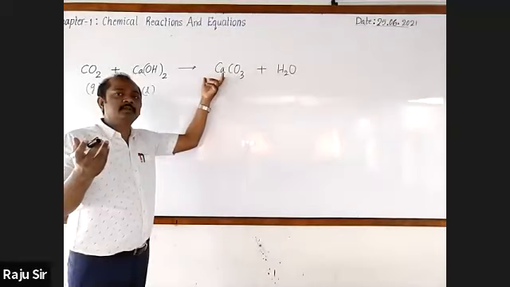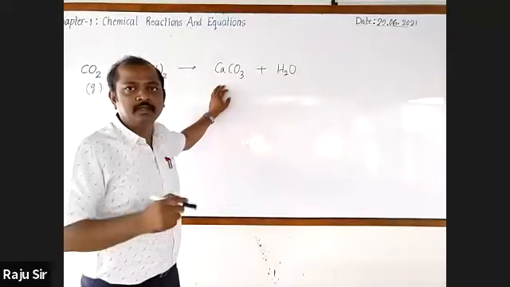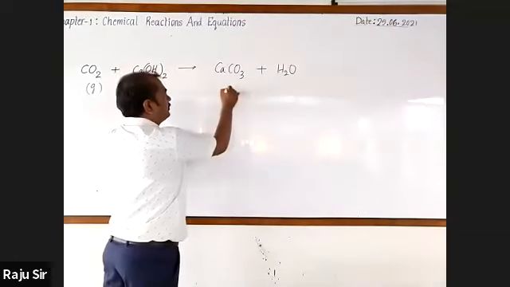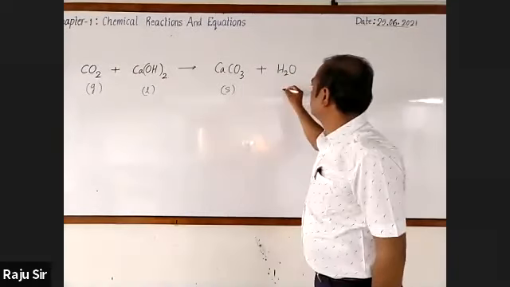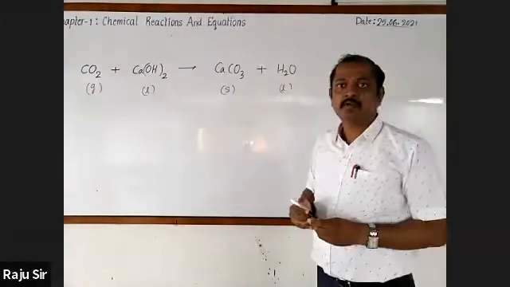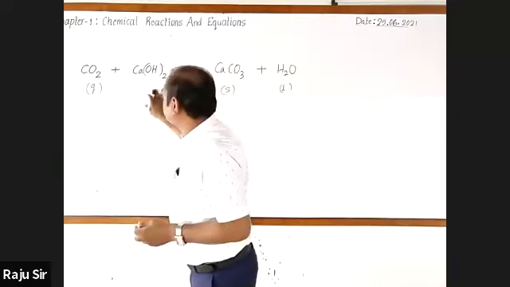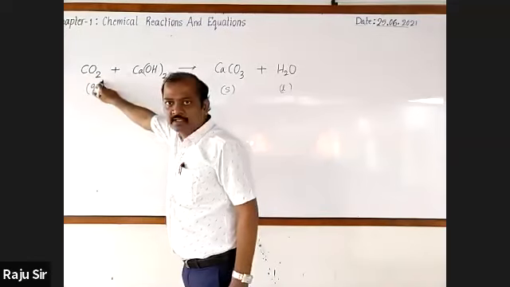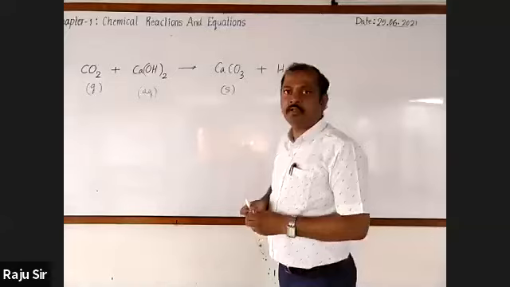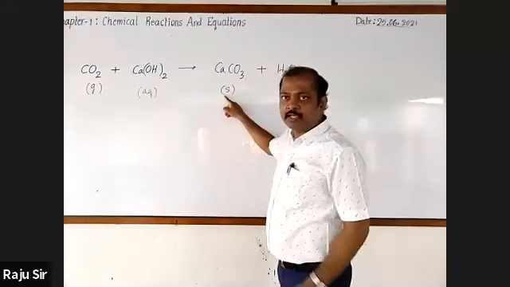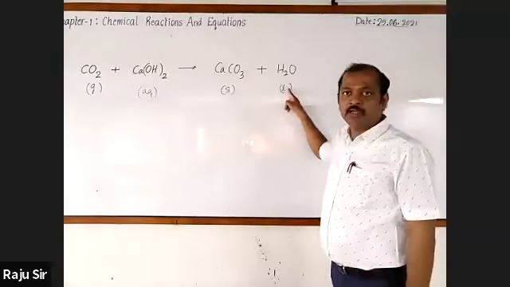What is the physical state of the precipitate? Solid. And water is formed, which is liquid. Once again, carbon dioxide gas is passed into an aqueous solution of calcium hydroxide, then a white precipitate of calcium carbonate is formed, and water.